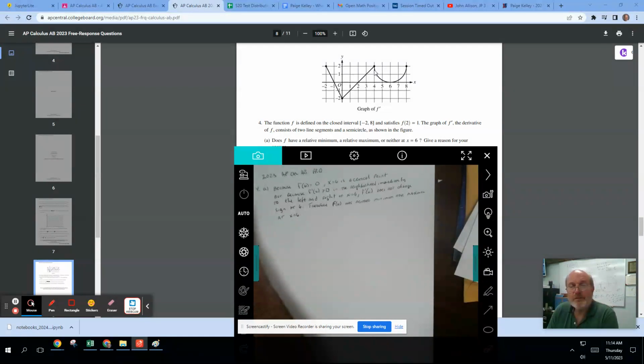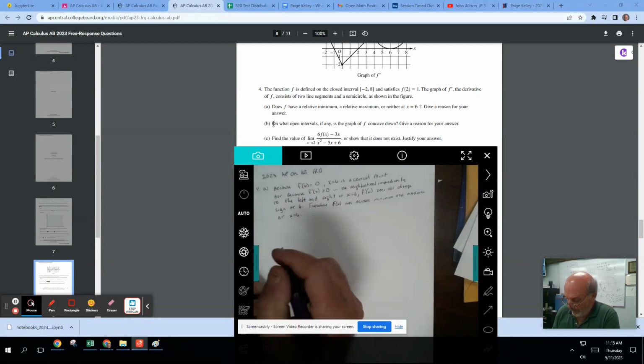Because f prime is positive, f is increasing, and then f prime equals 0 here, critical point, but it continues to increase beyond that. Therefore, there's no minimum, no maximum.